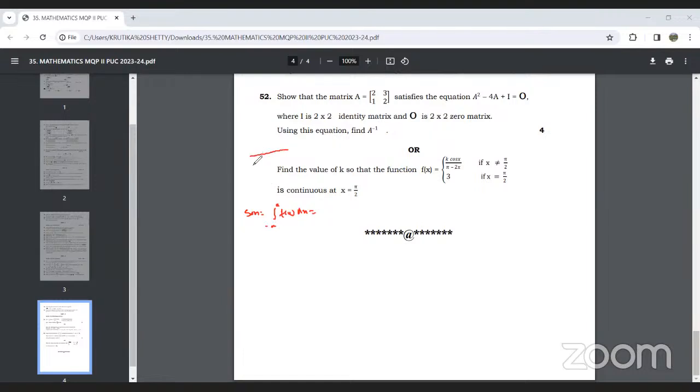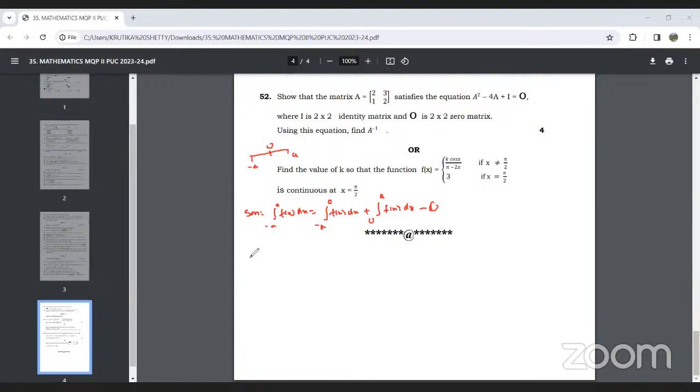Pay attention. Suppose this is a negative number, this is a positive number, and in between we are considering 0. So we are splitting it as the integral from minus a to 0 of f of x dx plus the integral from 0 to a of f of x dx, and we are considering this as equation 1.